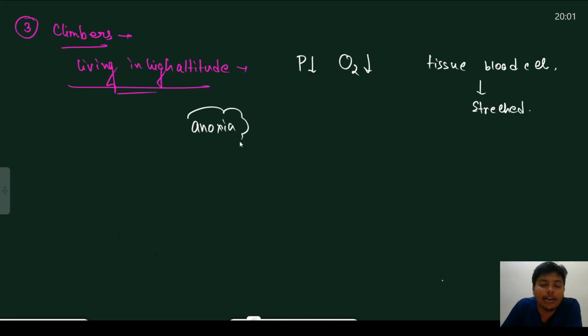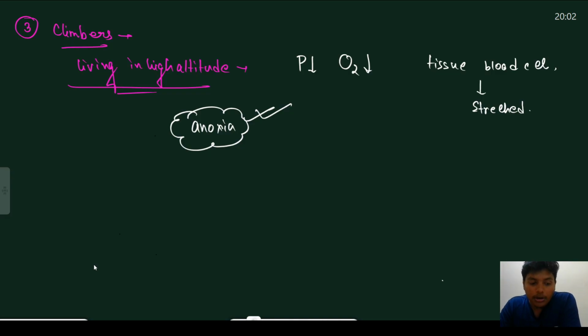Very important. In your exam, they can ask what is anoxia, what is the reason behind it, what do you have to write. That mountain climbers or high altitude climbers, or those who are living in high altitude, due to low pressure, the solubility of oxygen in their blood gets decreased.